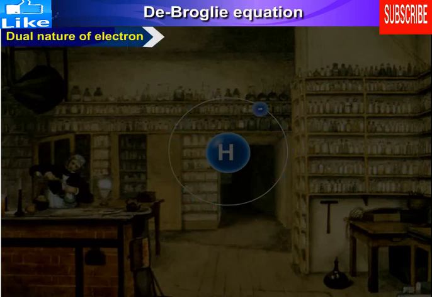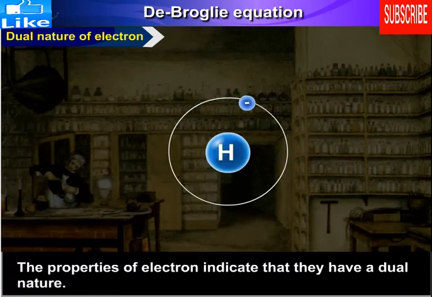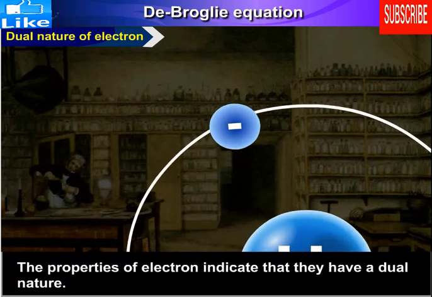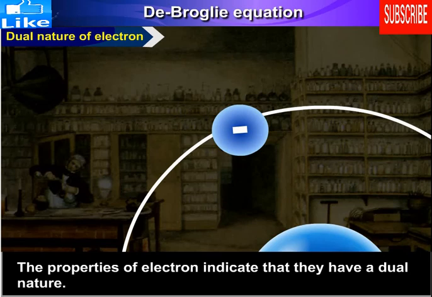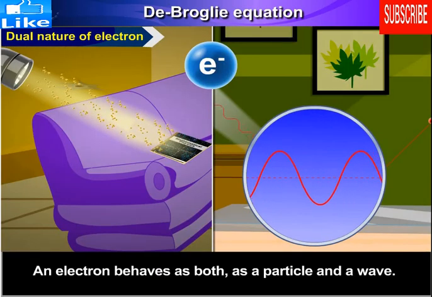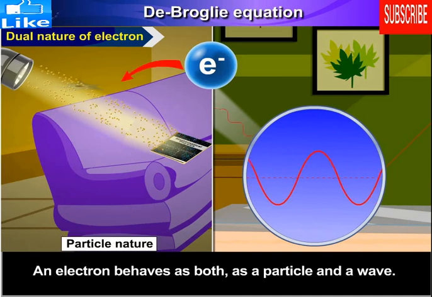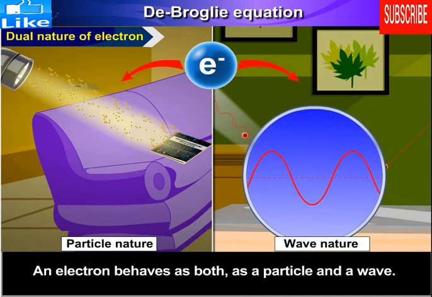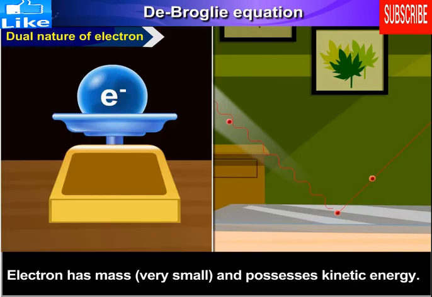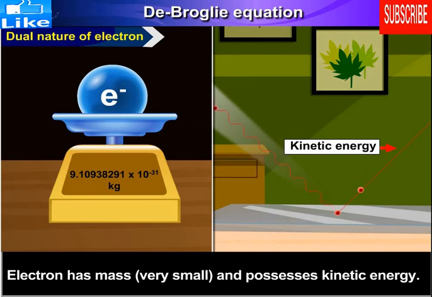De Broglie equation. Dual nature of electron. The properties of electrons indicate that they have a dual nature. An electron behaves both as a particle and as a wave. Electron has a very small mass and possesses kinetic energy.